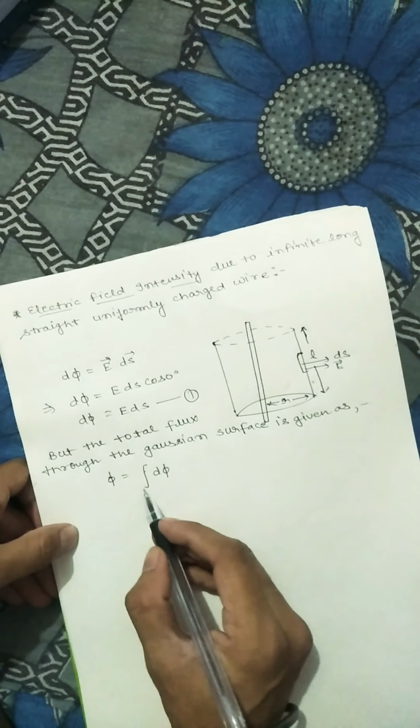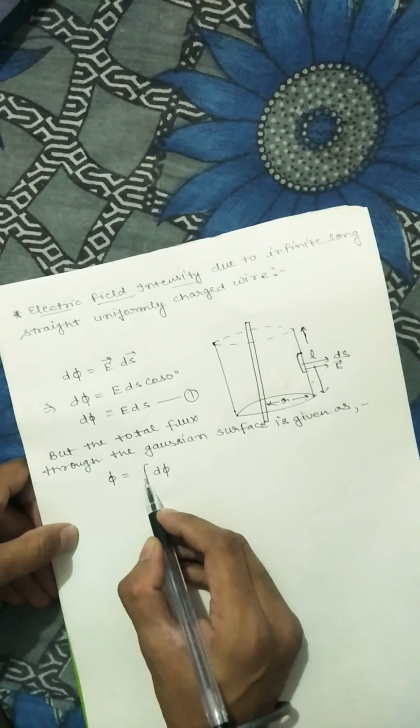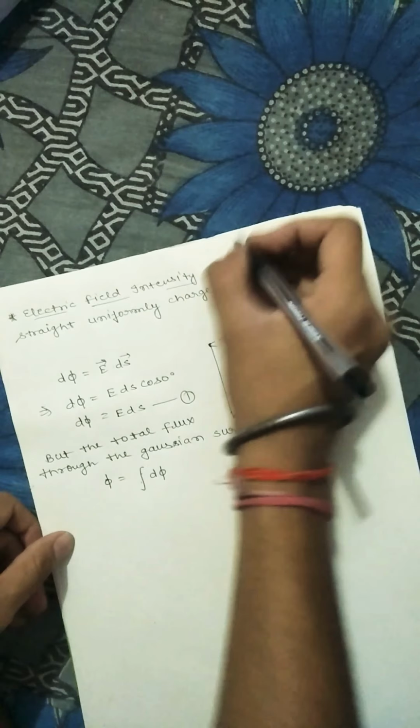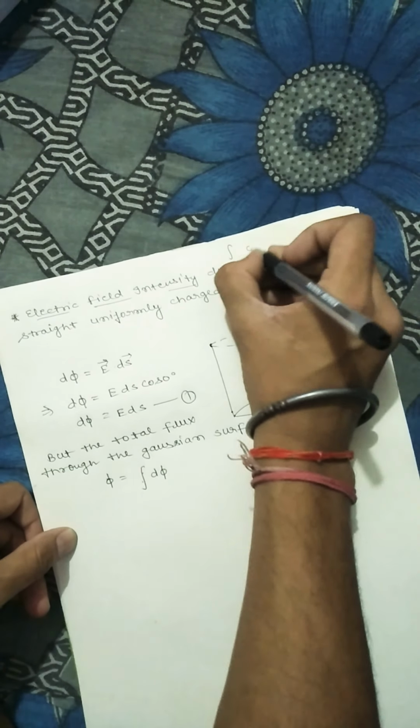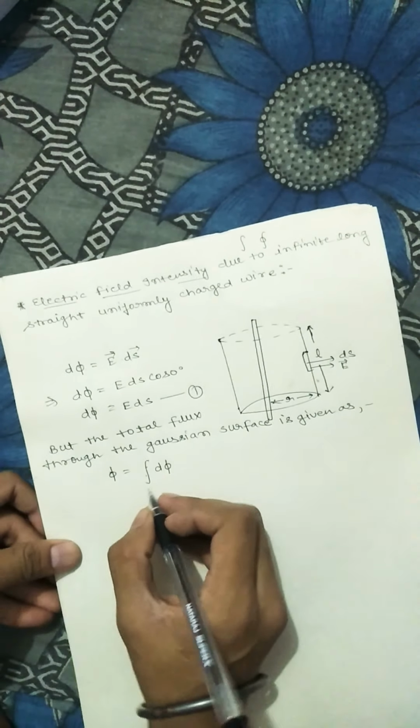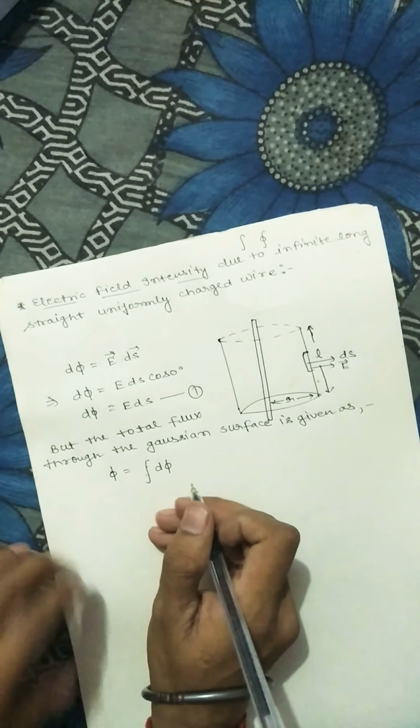That's why we are taking this line integral. If we are talking about a surface, we use a surface integral. This is a line integral, and that would be a surface integral. So here we are taking the line integral of d phi.